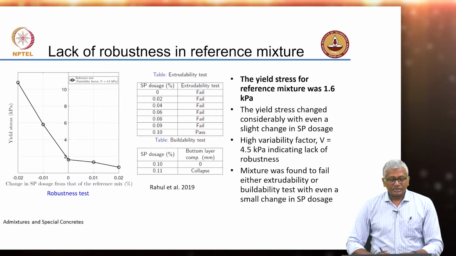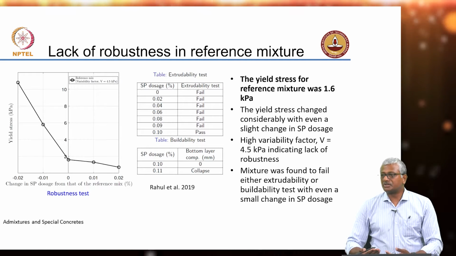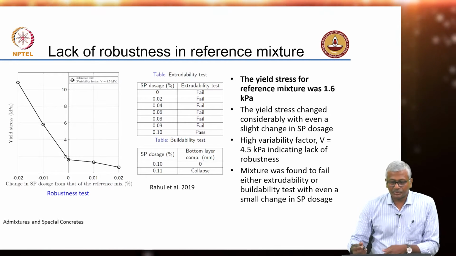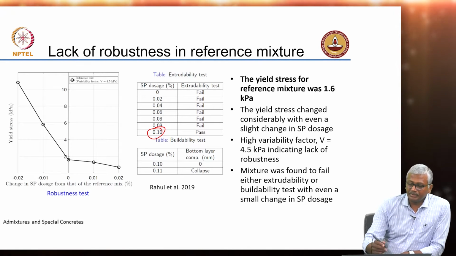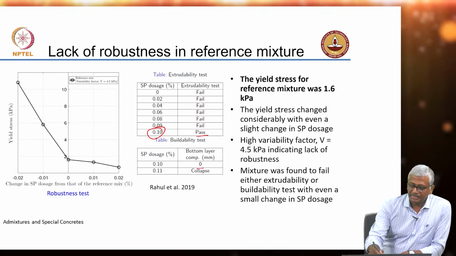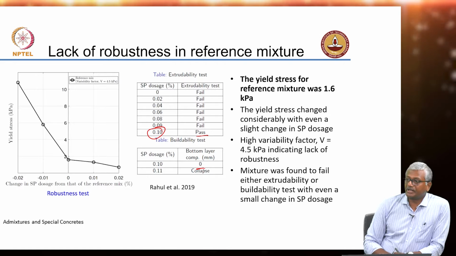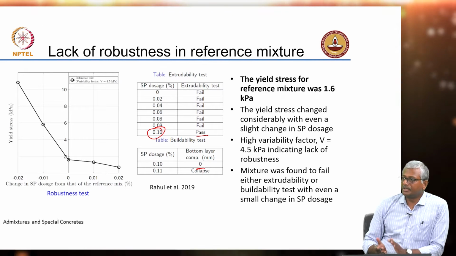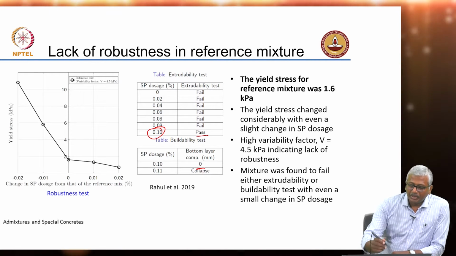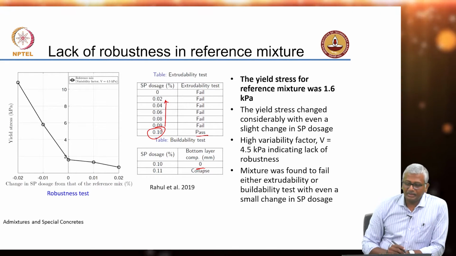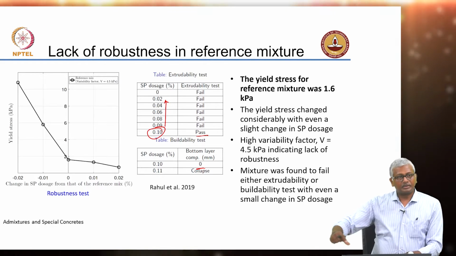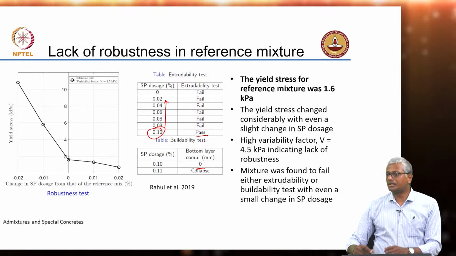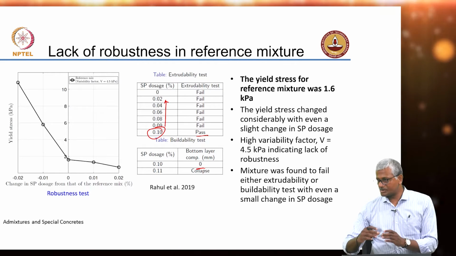Right, so in this reference mixture, there was an absolute lack of robustness. If the dosage was exactly 0.1%, it was passing the extrudability test and the buildability test also. There was no deformation in the bottom layer. But going less than 0.1 made the mix fail the extrudability test. That means the filament that came out did not have a very clear geometry, it was distorted.